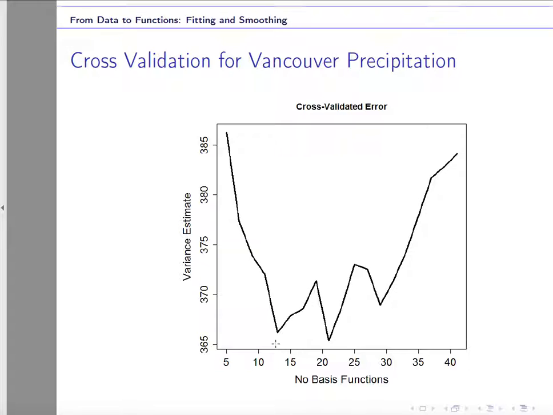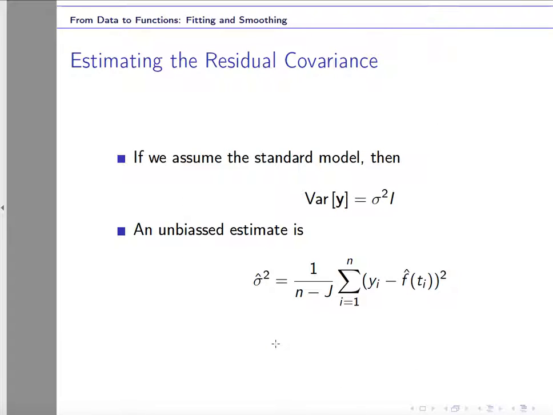Any questions? So after we decide the number of basis functions, we can do the least squares fit, right? We can fit the curve, and we can also estimate sigma squared.